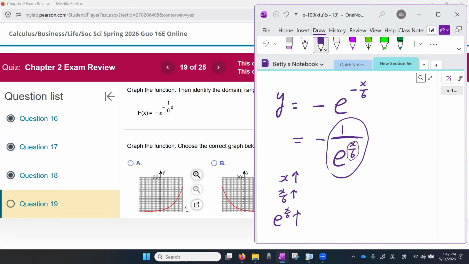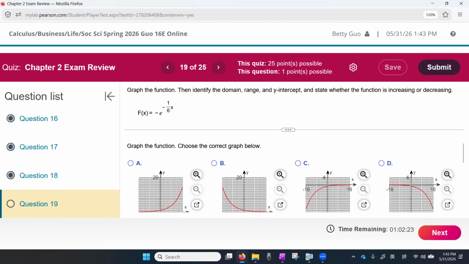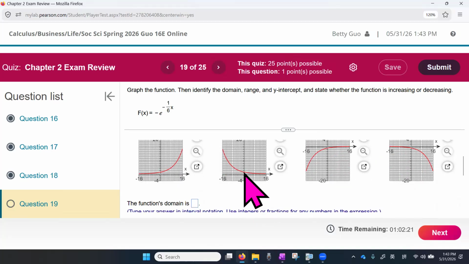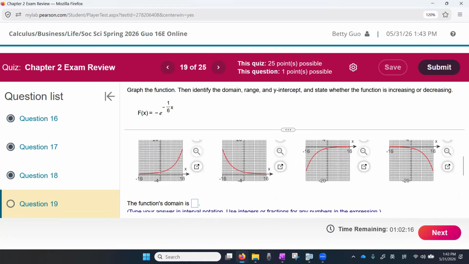But if you take the reciprocal, 1 over e to the power of x over 6 decreases, because the numerator stays constant. When the denominator is getting bigger, the fraction is getting smaller. However, you have a negative, and negative of a decreasing quantity is increasing. Does that make sense? So the function is increasing. Since the function is increasing, B and D are out. We're going to look at A and C.